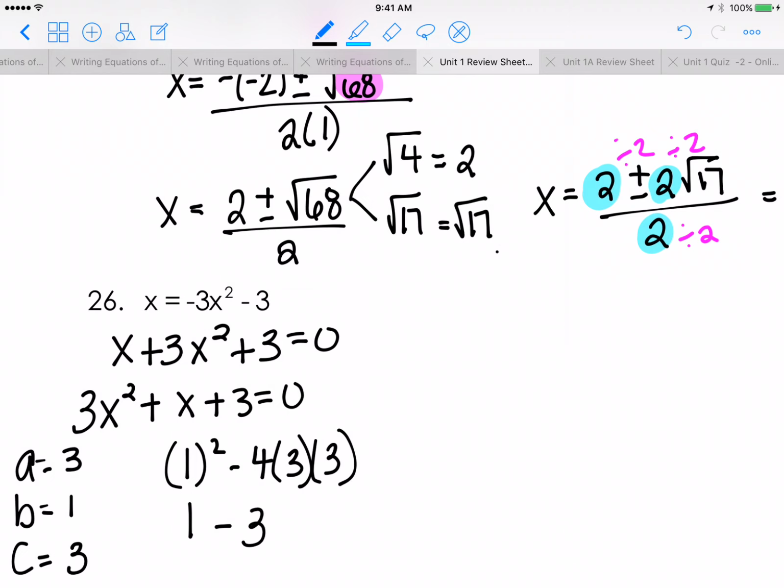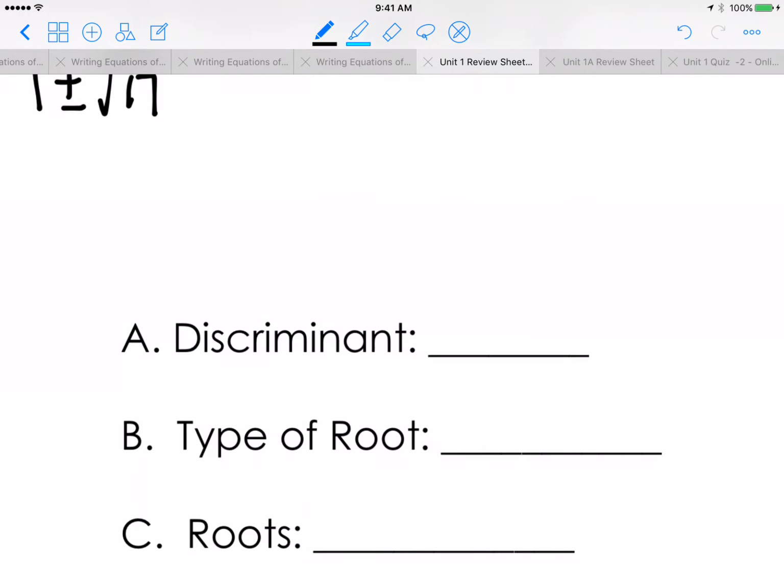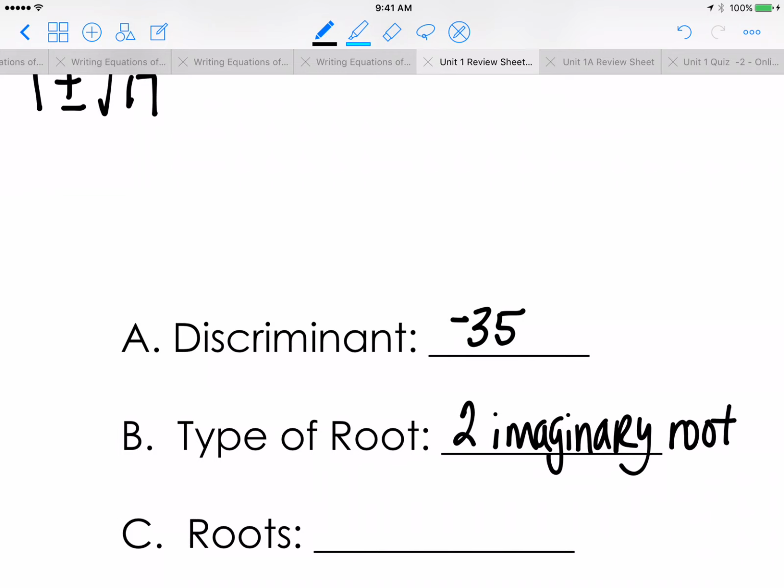That is 36. 1 minus 36 is going to give us negative 35. So at this point, we can say the discriminant is negative 35. And what type of roots? Because it's a negative number, we're going to have two imaginary roots. Now we need to figure out the exact roots or solutions. So let's work this problem out.